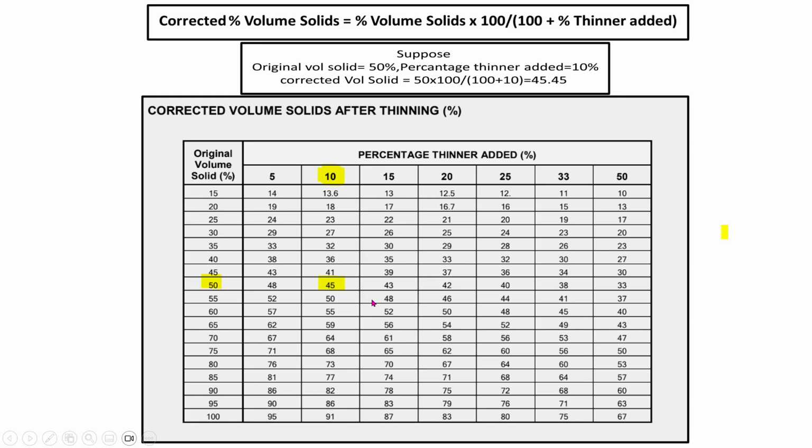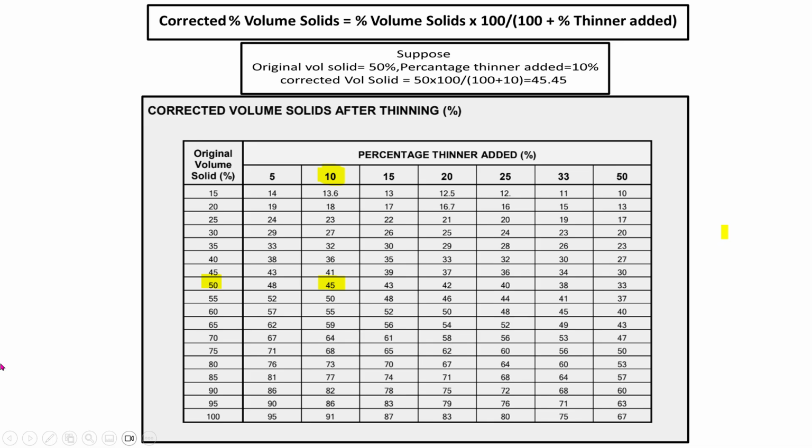The tabular form is also available. So this is very important to know the volume percentage, called volume solids, to calculate your wet film thickness, to get the required DFT, and to get how much spreading area is required. Everything depends on the volume solid.